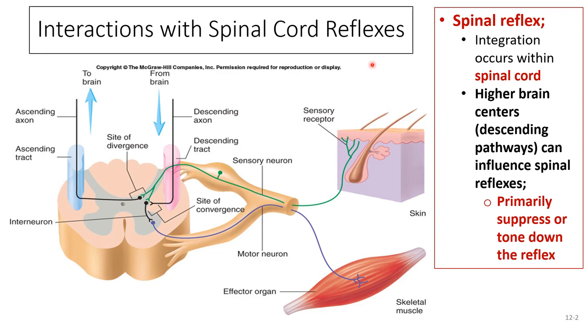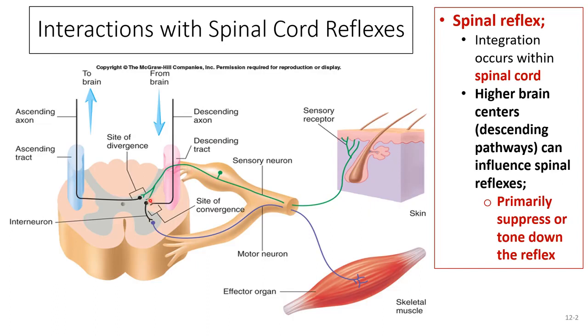So if going back to your neuro, if you recall what a spinal reflex refers to, the components involved in the spinal reflex arc are the sensory receptor. It doesn't matter what the receptor is in the periphery. When it fires, its action potential will travel along that sensory afferent neuron back to the spinal cord in that spinal nerve.